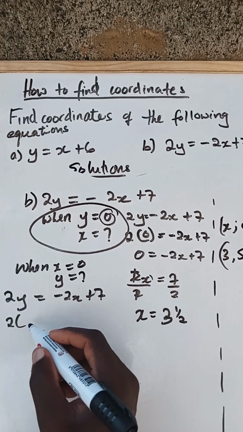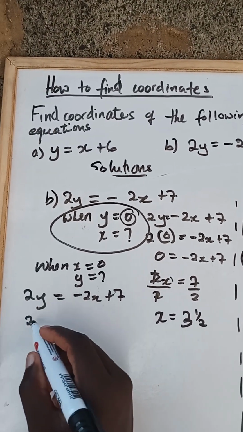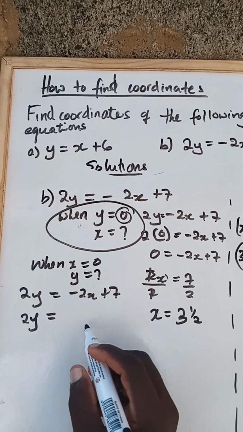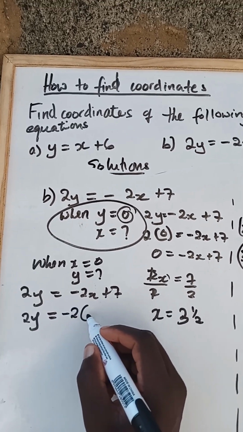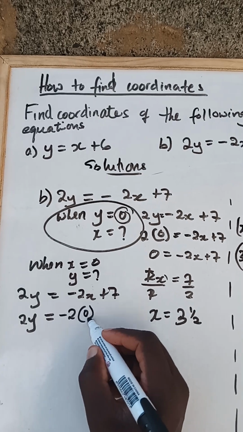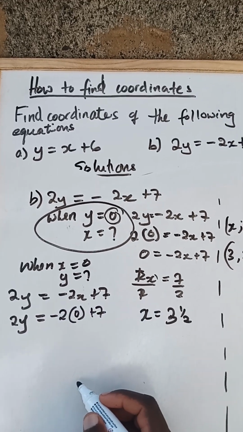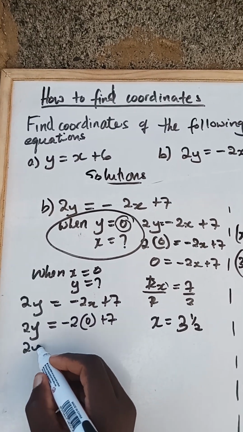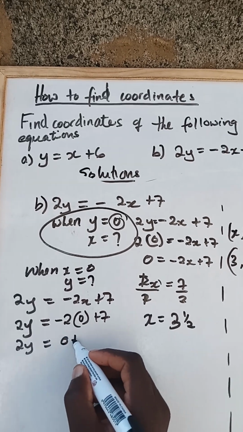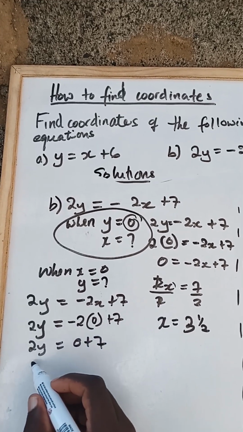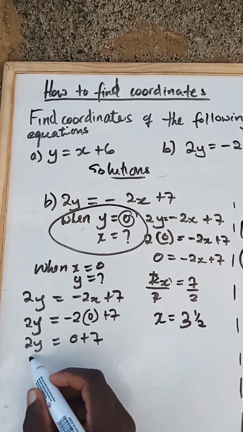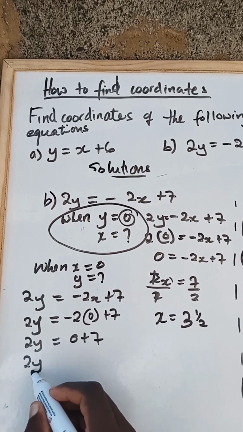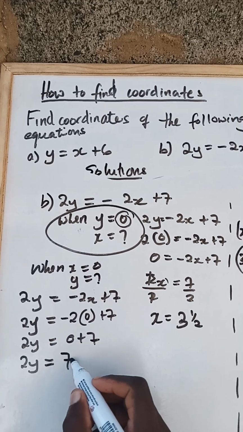Our x is 0, man, it's not y. 2y is equal to minus 2 bracket 0 plus 7. Any number multiplied by 0 gives 0, plus 7. So 2y is equal to 7.